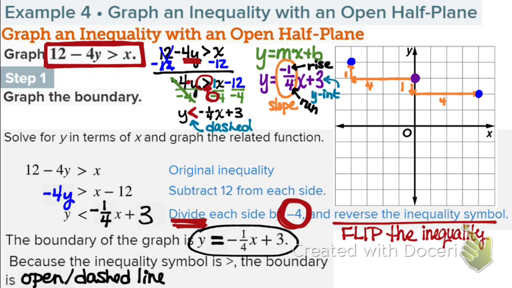So grab your straight edge. We're going to draw a dashed line in here. Should I have arrows on the ends of this?